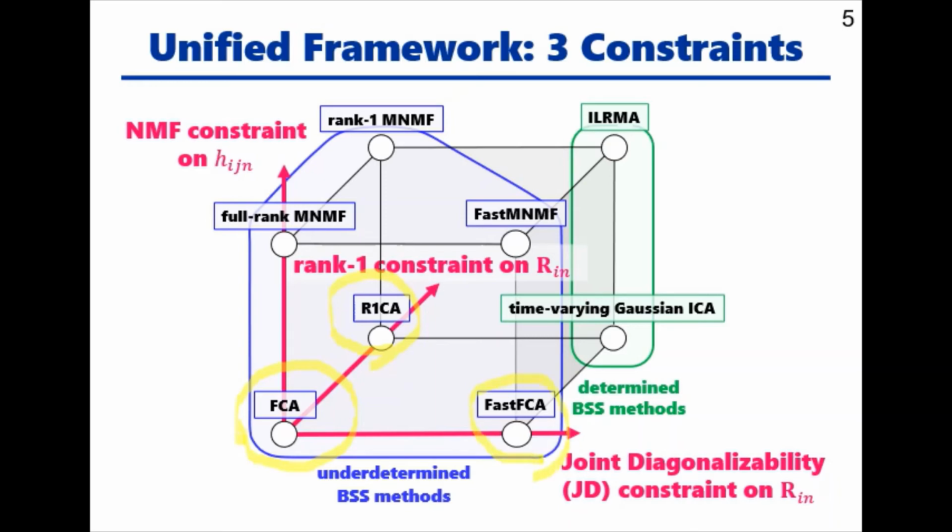As for time-varying Gaussian ICA, it may not seem obvious why it is located here, but we explain this in the next slide. As for the other four methods, it is obvious that they should be located here.